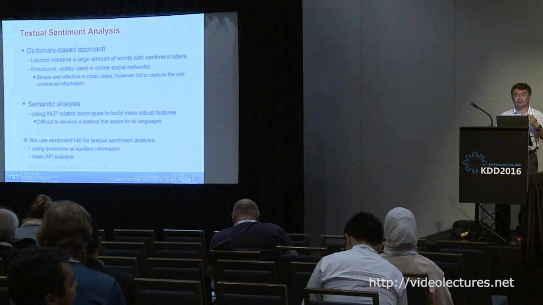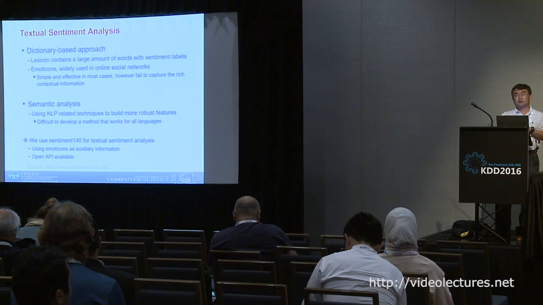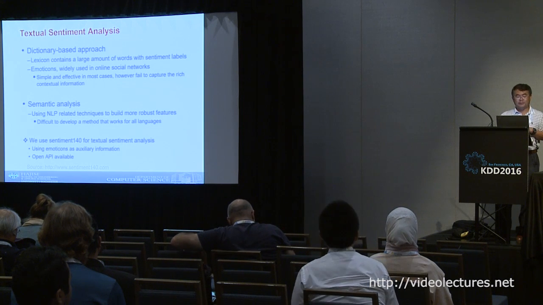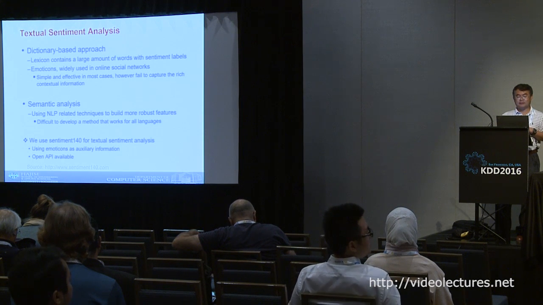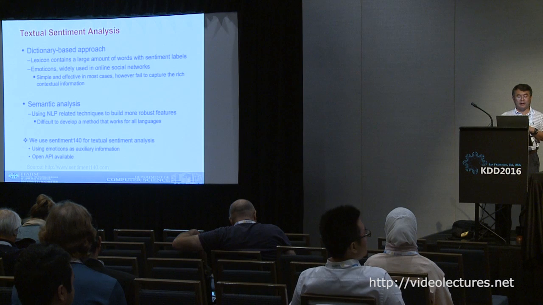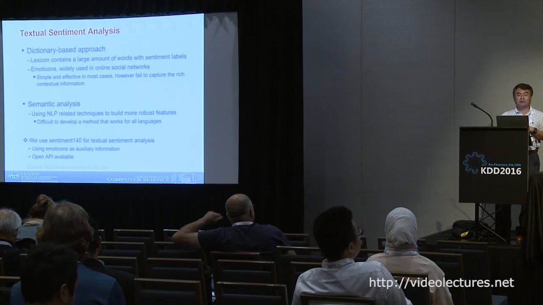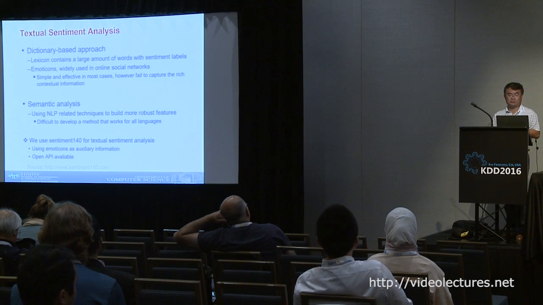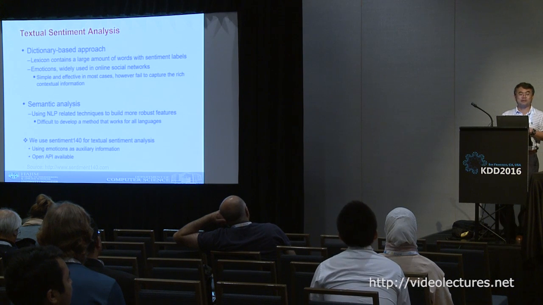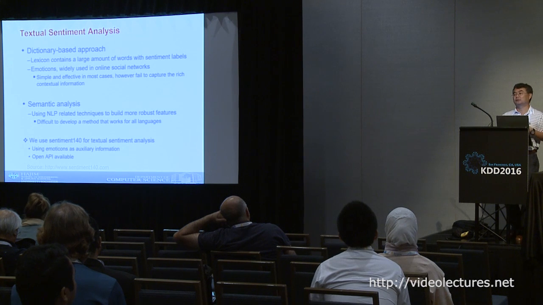We collected a bunch of image tweets, and we used the state-of-the-art NLP tool to get the sentiment for these tweets. And the accuracy was actually not good. It was 61%.